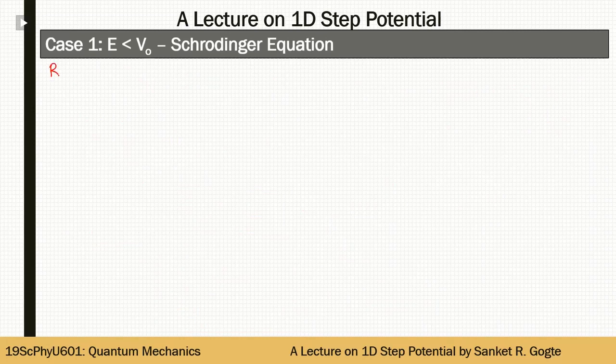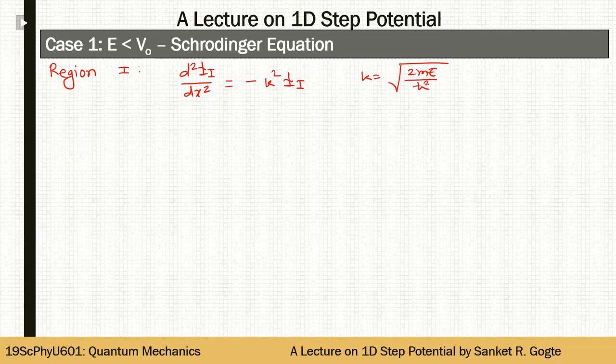In region 1, I'll rewrite the equation. It is d2 psi 1 by dx2 is equal to minus k square psi 1, where k is 2mE by h cross square, a positive constant.